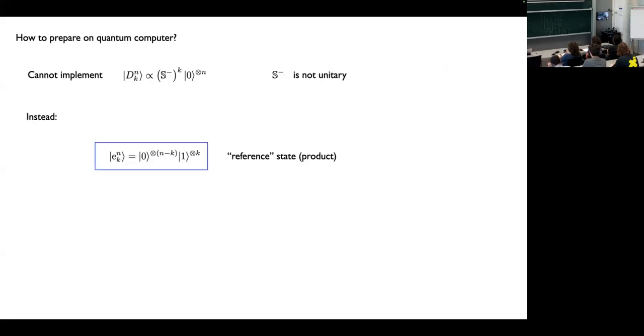Instead, one can start with a simple reference state, which is just a product state which has the requisite number of ones. So it has k ones and the rest are zeros, but it's just one product state, no linear combination. And then what we're looking for is some unitary operator U which will take this simple state into the Dicke state.